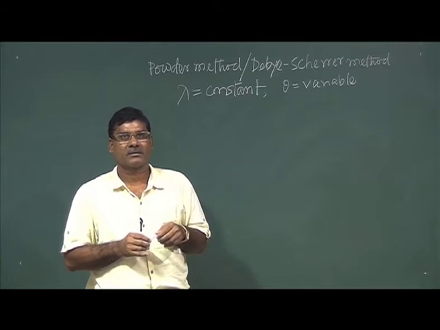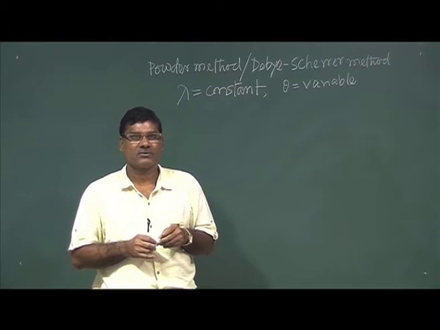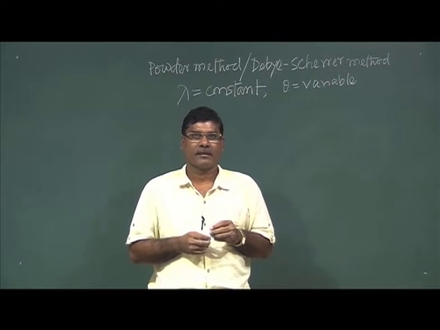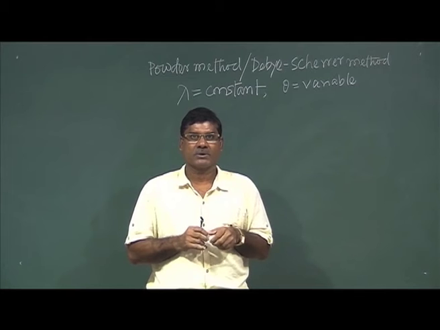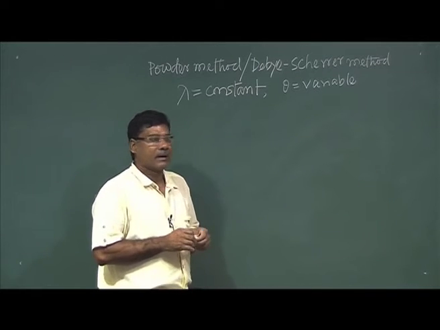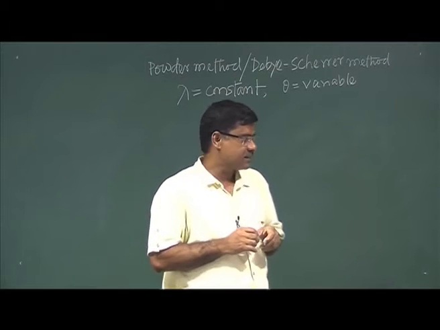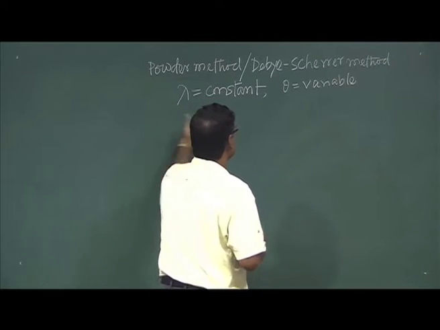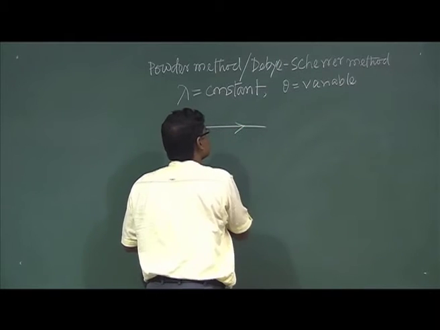Generally copper or molybdenum K alpha is chosen because it has high intensity. X-ray will have higher intensity if we choose K alpha X-ray. Okay. So, that is easy to choose, and now the X-ray will fall on the crystal, right.